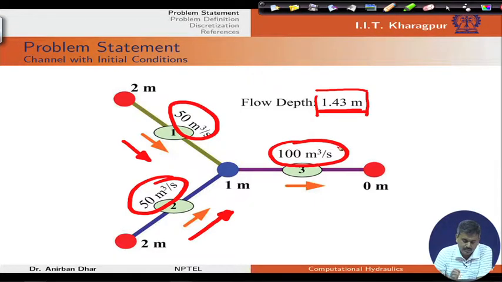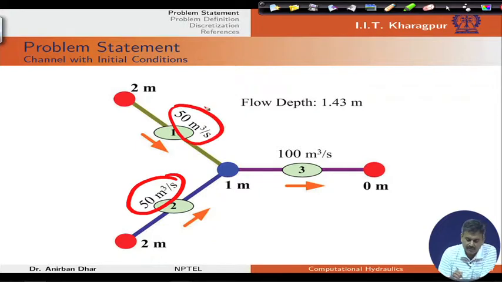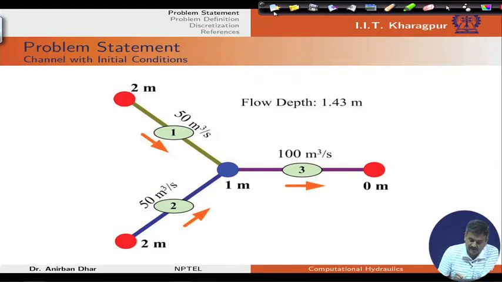So, we have a specified initial condition, that is 50 meter cube discharge for these 2 upstream channels, and for this downstream channel of this junction we have 100 meter cube per second, and this is our initial flow direction.